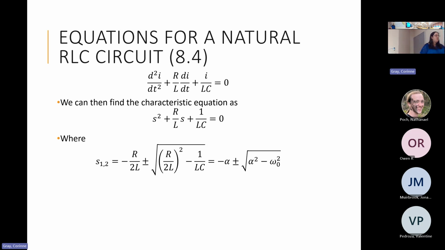Why does it have 2 solutions? Well, we have a square root. And because we have this square root, you can do plus or minus with it. In general, solution 1 is going to happen when we do the positive: we're going to take negative R over 2L plus the square root stuff. And solution 2 would occur for the minus part.